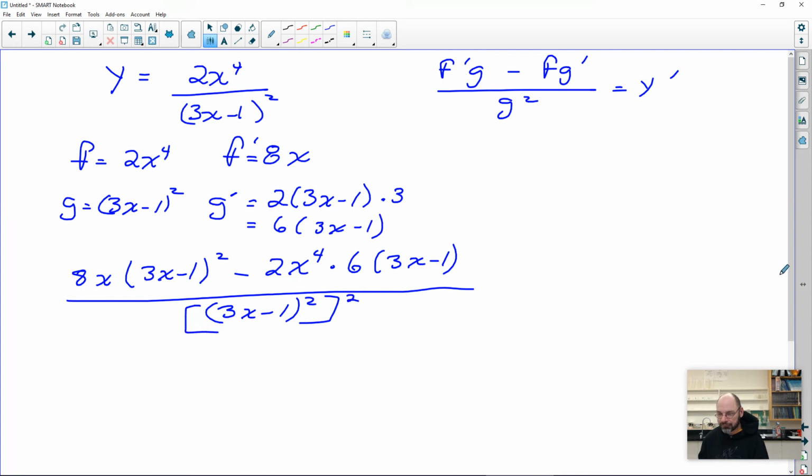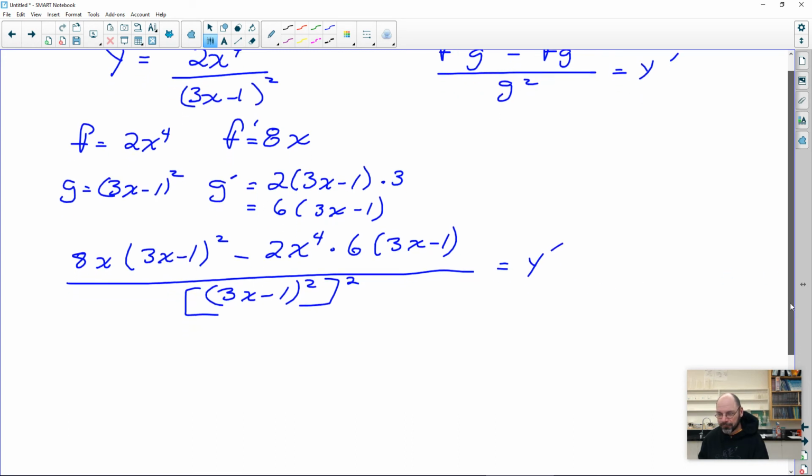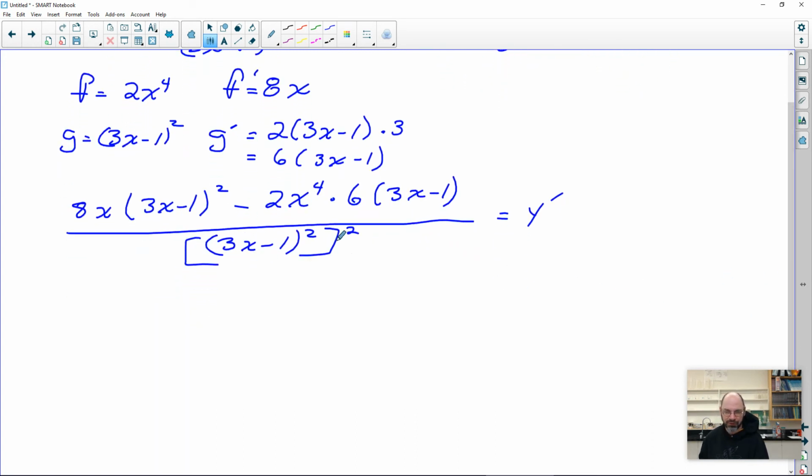Okay, you could leave it like that. That's the first step. But you should probably do some simple simplification. There's a little bit there, there's a little bit there, we can multiply.